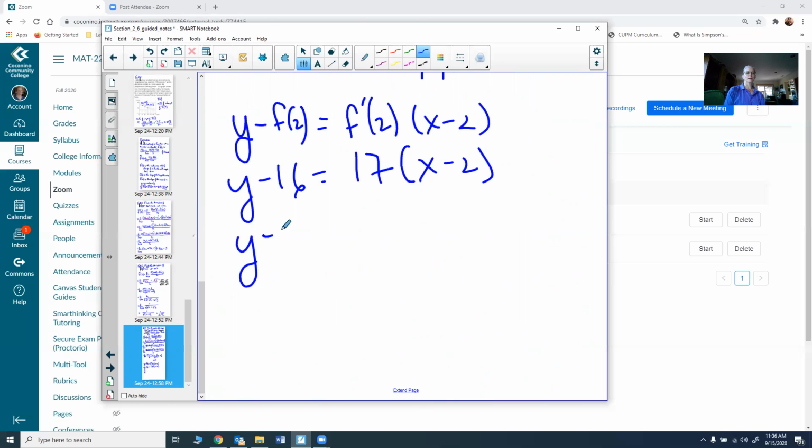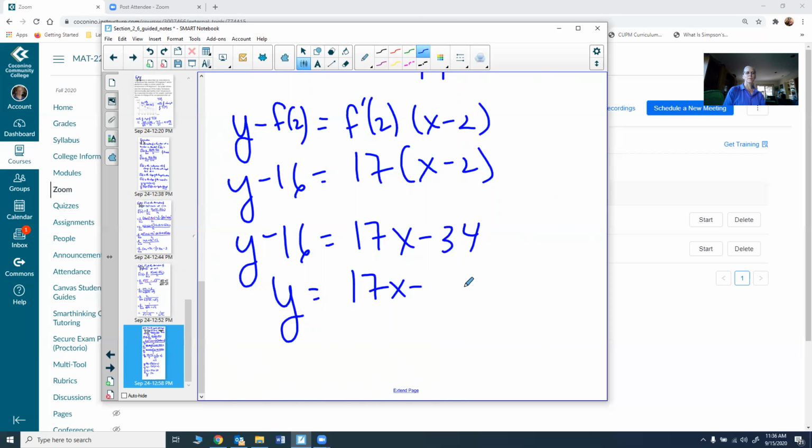So we have y minus 16 is equal to 17x minus 34. So y equals 17x minus 34 plus 16, which is 17x minus 18. And there's the equation of your tangent line.